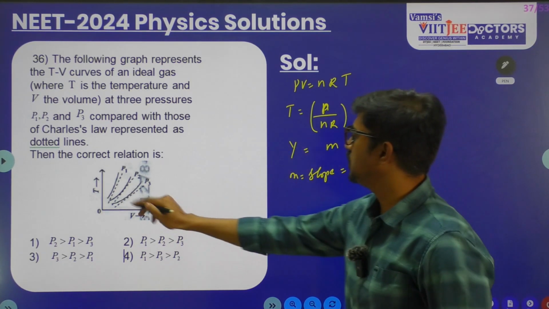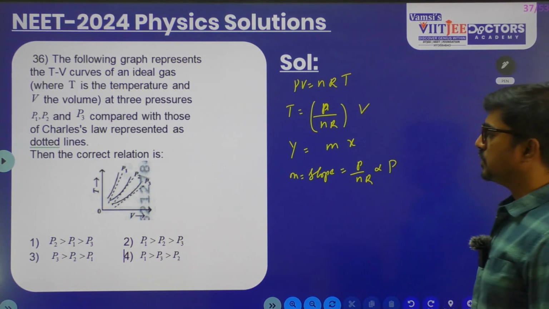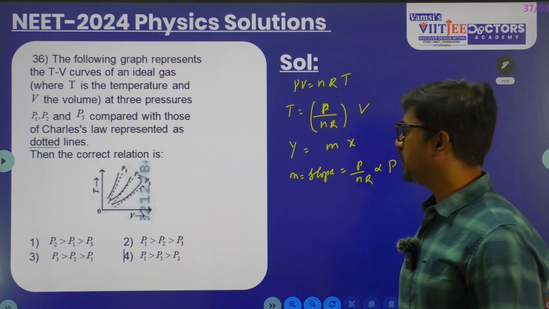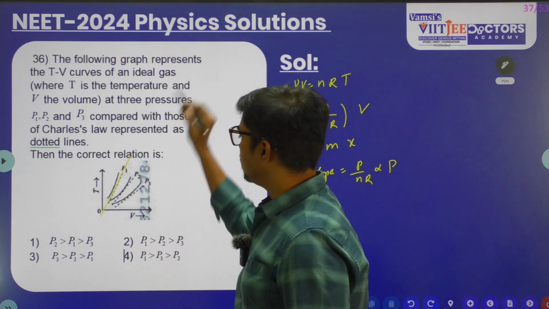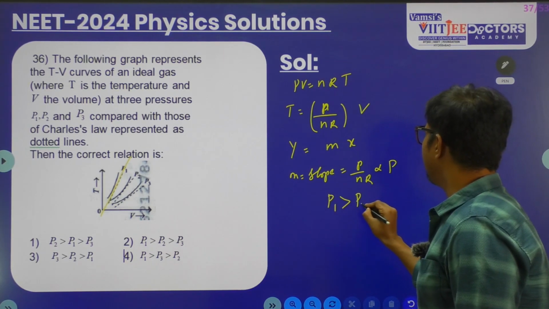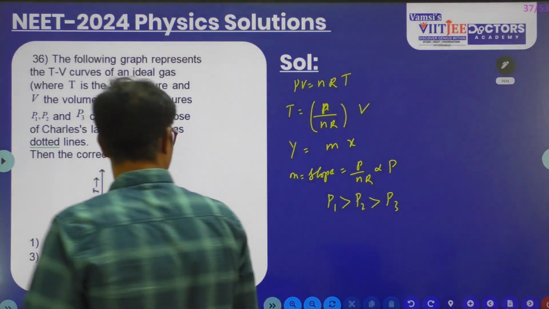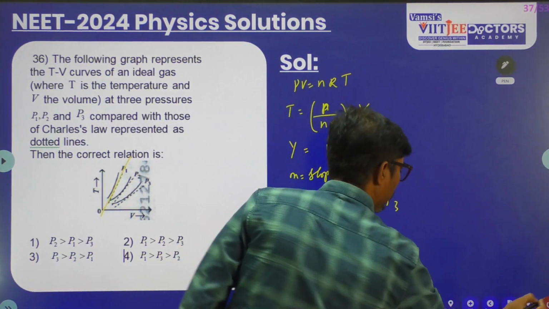I'm writing it in terms of T and V here. That means slope is proportional to pressure. Higher the slope, higher is the pressure. The first graph will be the steepest, so that will have the maximum pressure. So P1 is greater than P2 greater than P3 because slope of 1 is greater than 2 and that is greater than 3. So it's a straightforward question.